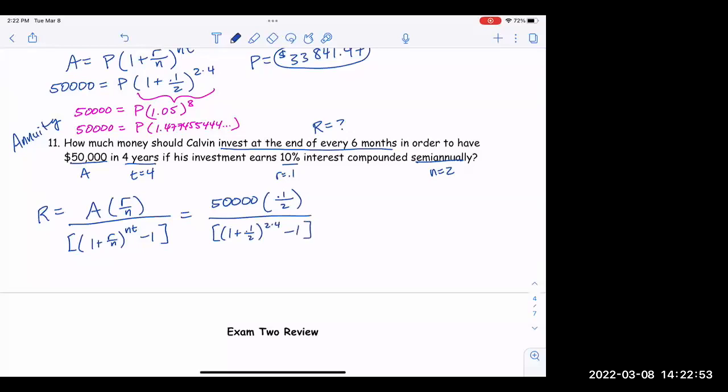If you put that in your calculator all at once, in this case you could just say 2 times 4 is 8. But if you didn't do that, put extra parentheses around the 2 times 4, and also extra parentheses around the numerator. Anytime you have more than one thing in a numerator, denominator, or exponent, we put extra parentheses around it.